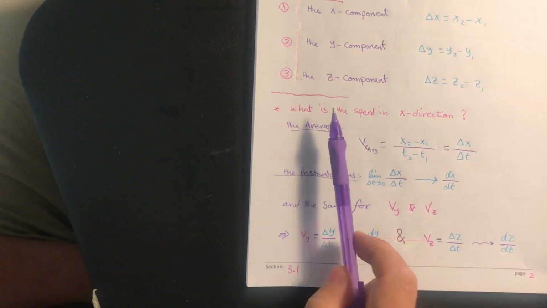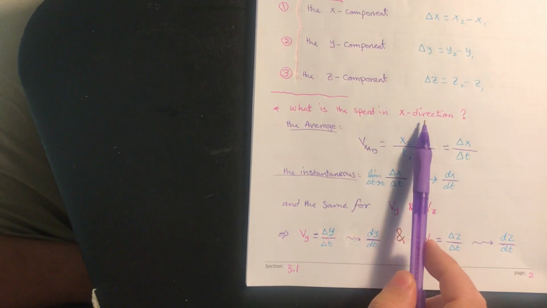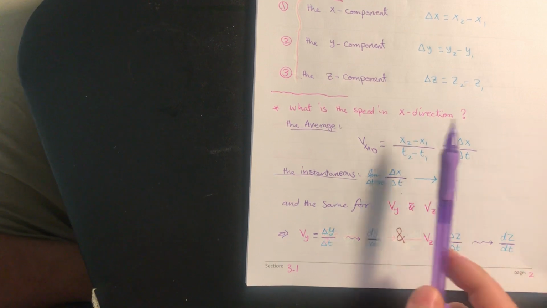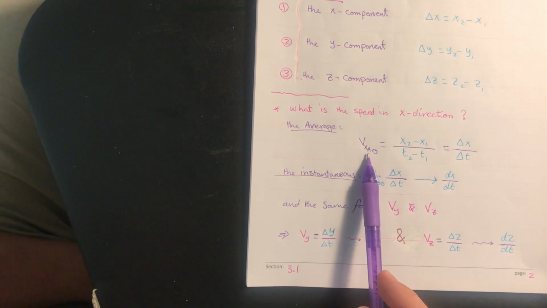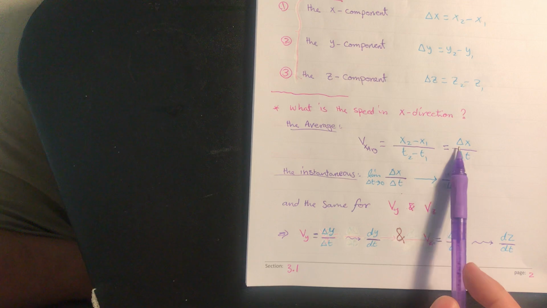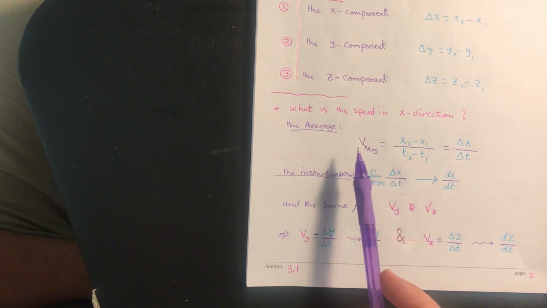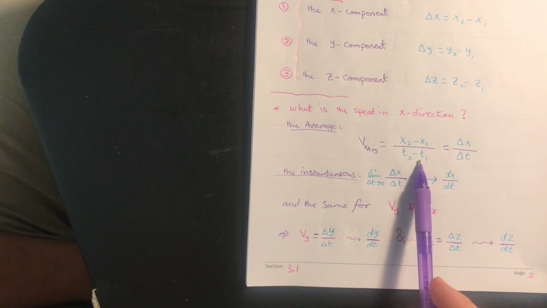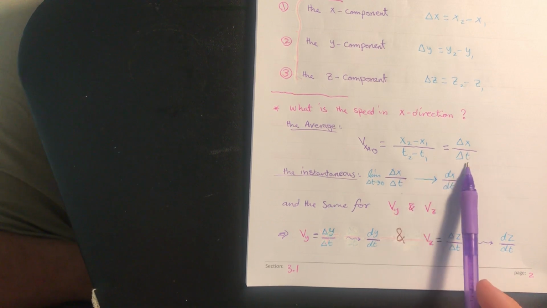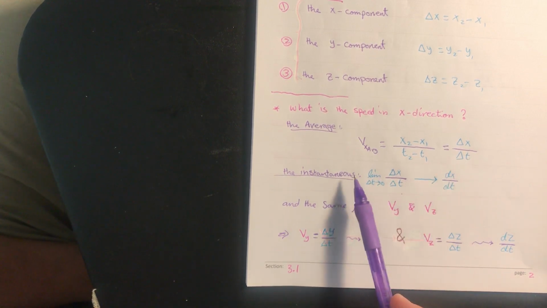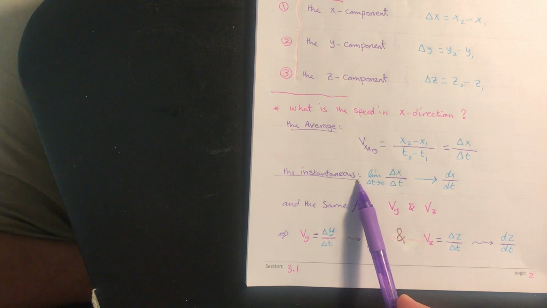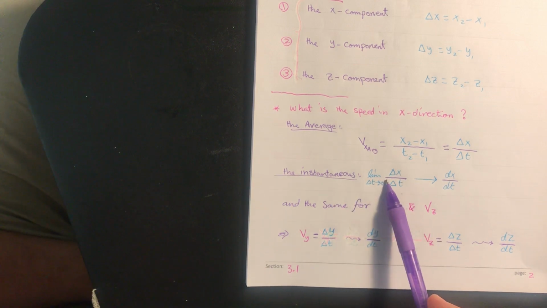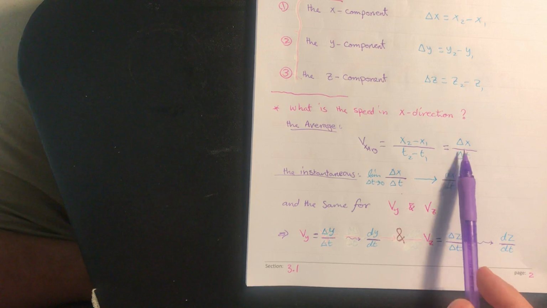Okay, what is the speed in the x direction? As we know, the average speed is equal to delta x over delta t, which is x2 minus x1 over t2 minus t1. What is the instantaneous velocity? It is the limit, when the time interval goes to 0, of this rate of change.